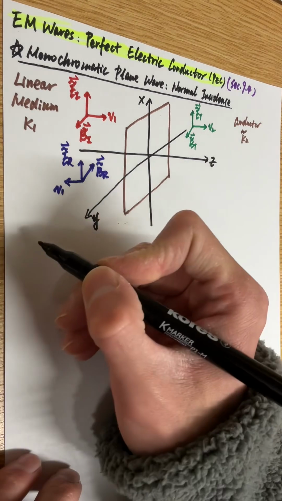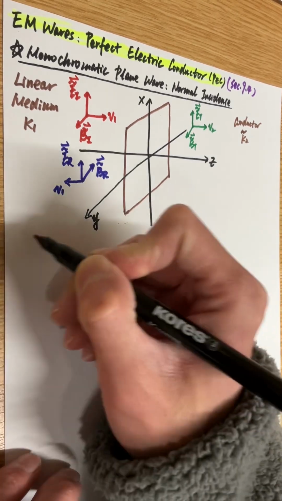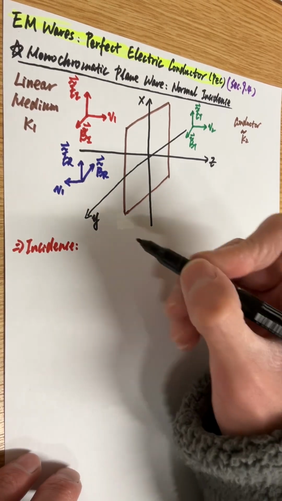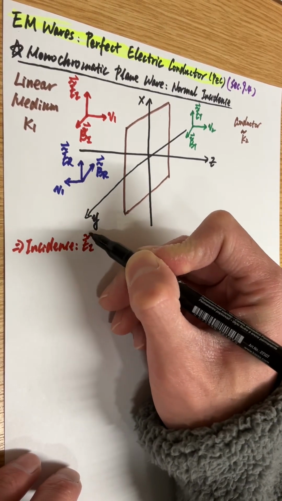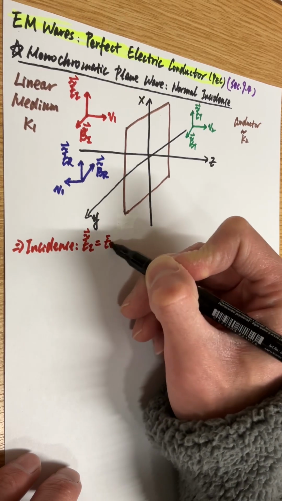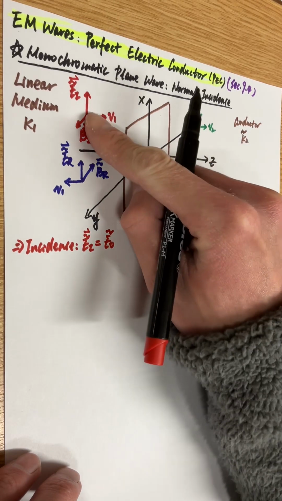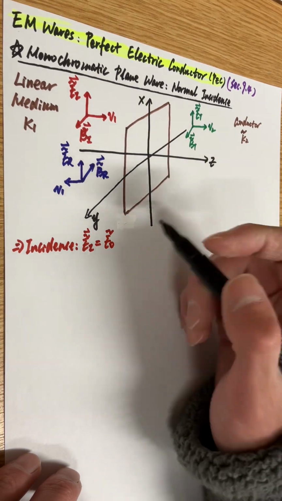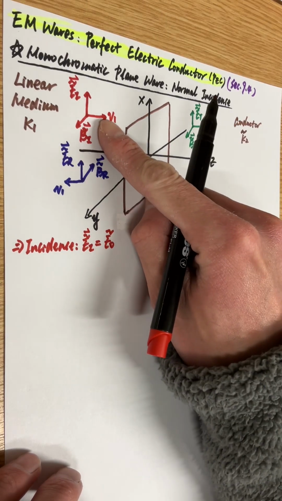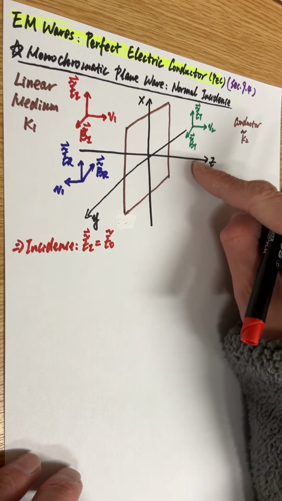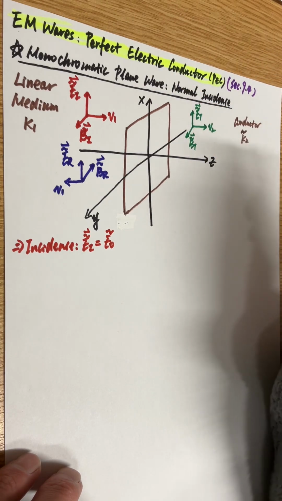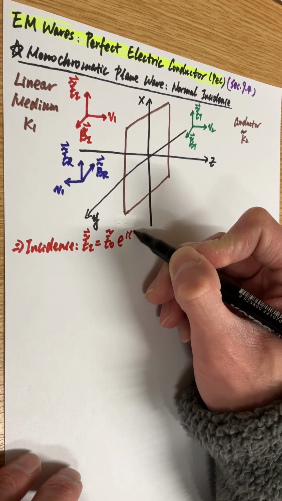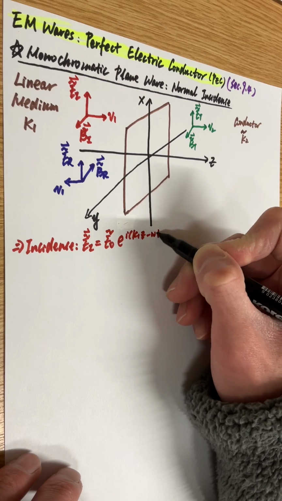So first, let's write out the incident wave function. For the incidence, we have E_I equals E0. Suppose the incident wave is polarized in the x direction. That would make everything simpler, and the propagation direction is perpendicular to the surface, so normal incidence. So we have the propagation function e to the i(kappa 1 z minus omega t).